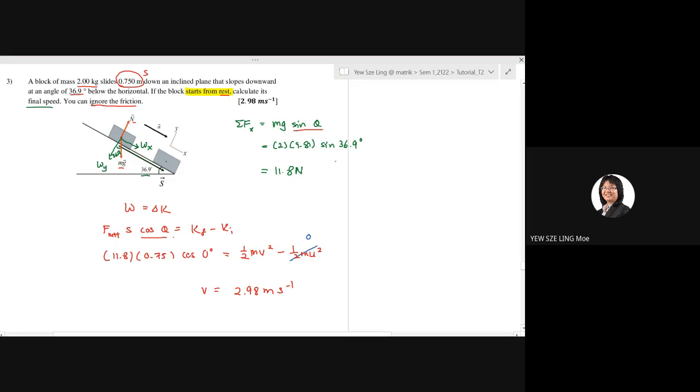Energy is a scalar quantity, which means it only cares about its final and initial position, regardless of where it is or how you place it. You look at what happens at the initial point and what happens at the final point. So again, I give you 2 minutes to write it down.